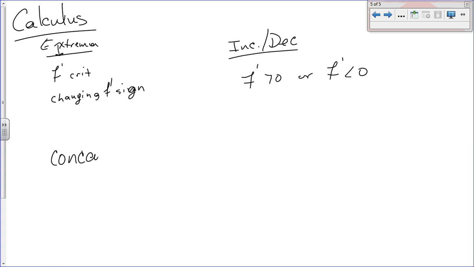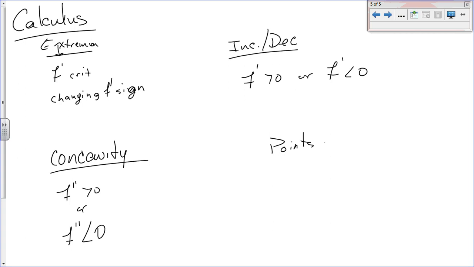Concavity: f double prime is greater than 0 or f double prime is less than 0. And you also have points of inflection.